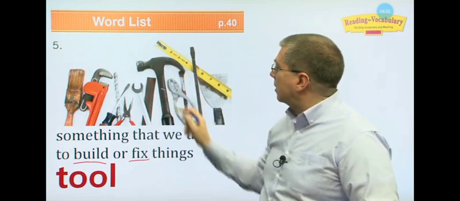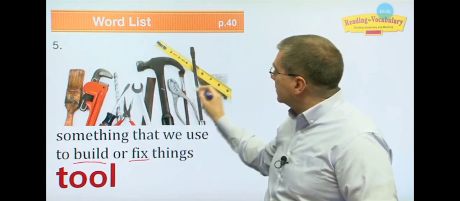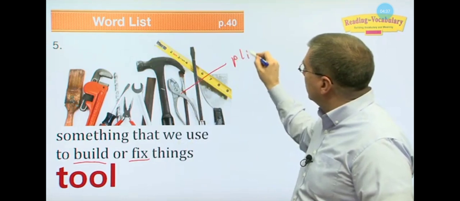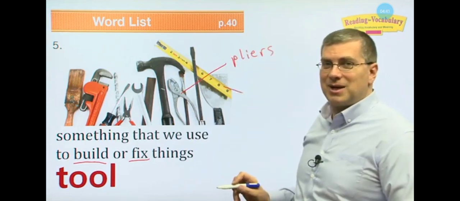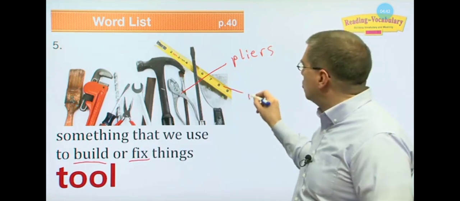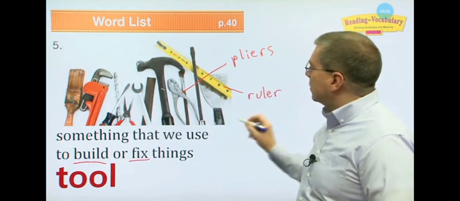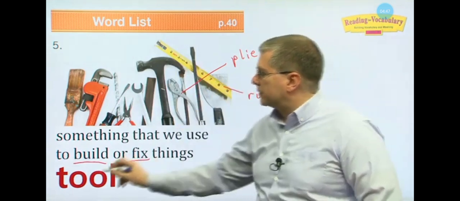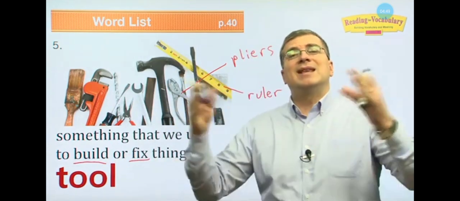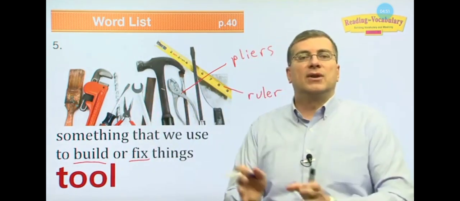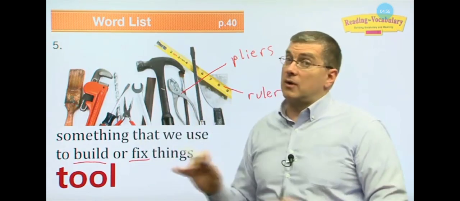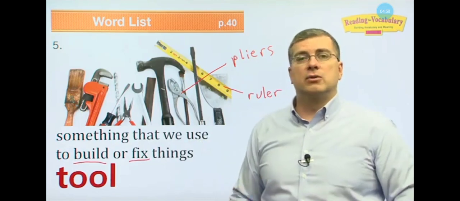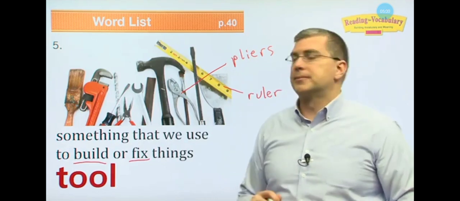The plier. And here is a ruler. So there are many types of tools. Tools have many different types, many different names, many different uses. All these tools are very useful for doing what we want to do.